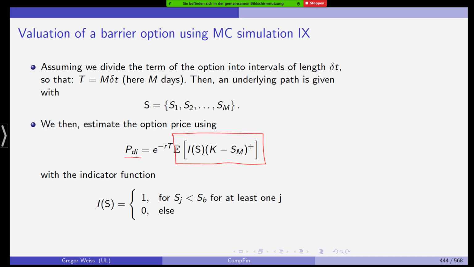What does this mean? This indicator function becomes 1 if the put has been knocked in, if the barrier has been crossed once below, or 0 otherwise. So we only have the put payout in case the option has been knocked in. Then we take the expected value, the mean of the payoffs, and we discount this using capital T and R as the interest rate. That's the option price for a down and in put.